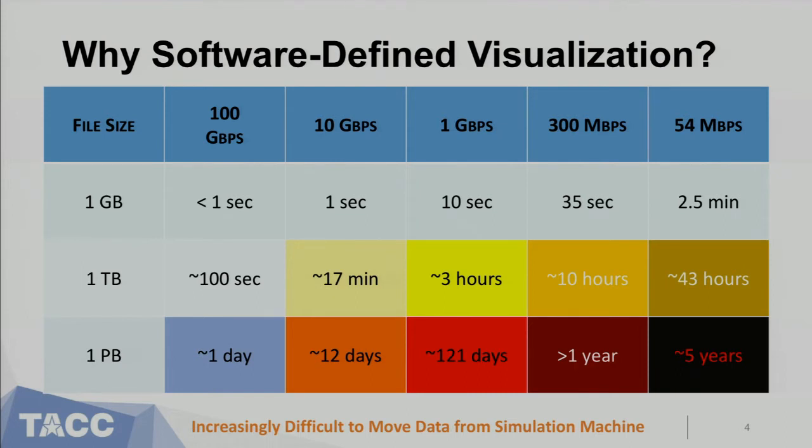In the past, we would have dedicated visualization subsystems or dedicated visualization machines. Oftentimes that was just downloading the data to your local desktop or laptop and doing the visualization there, typically leveraging hardware acceleration, having GPUs available.